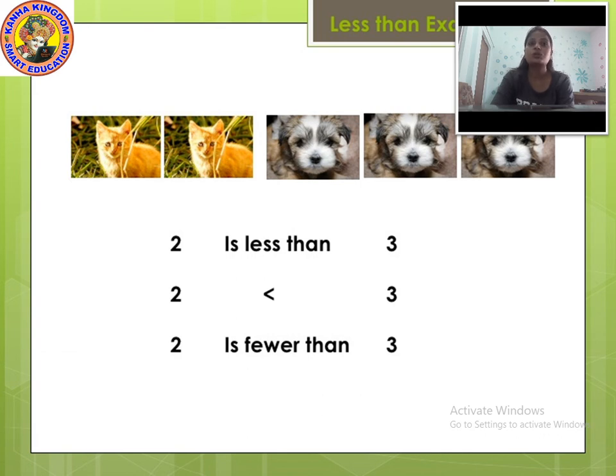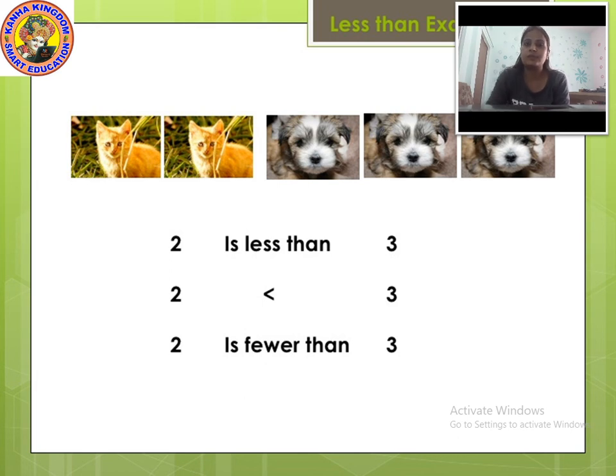So here, this sign is now facing the number 3. When this sign faces the greater number on the right hand side, then we call this sign less than.